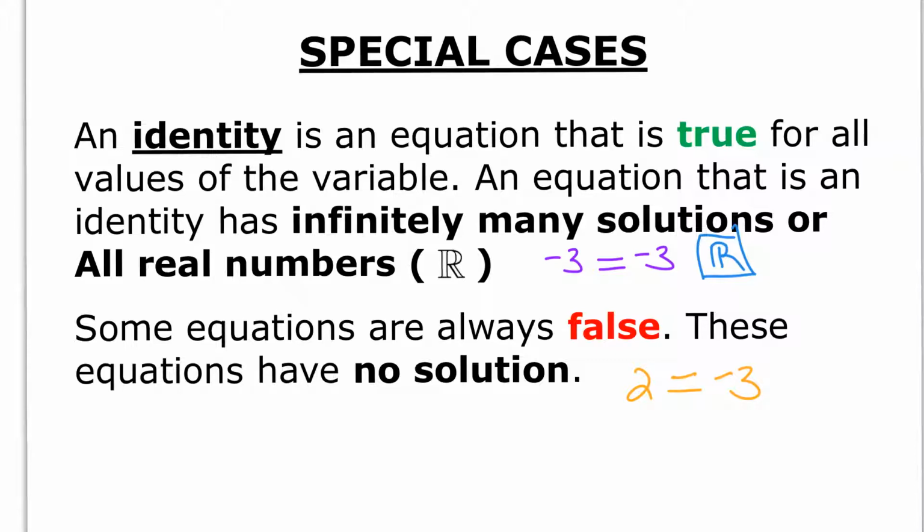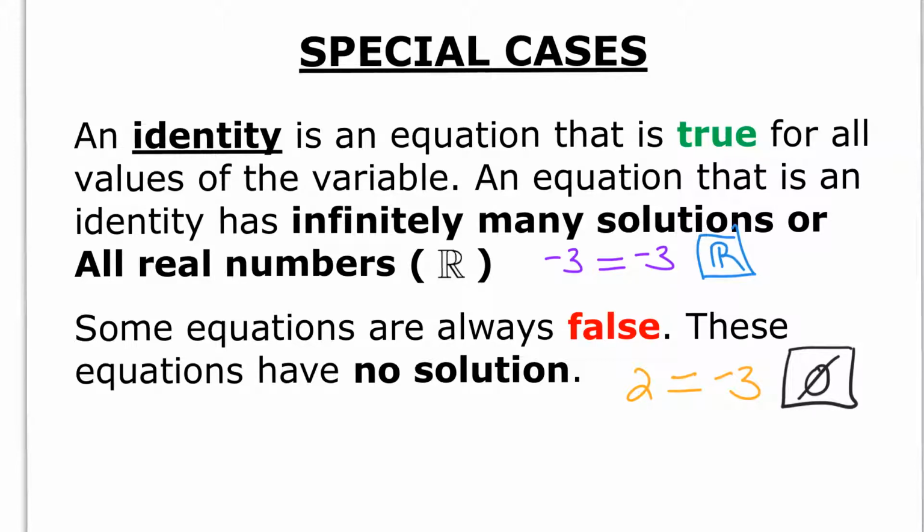So when that happens, you are going to write no solution, or we have a symbol that we can use, which is a circle with a line going through it. That circle, this one here, means no solution. So we don't have an answer. When the statement is false, we do not have a value of the variable. There's no solution.